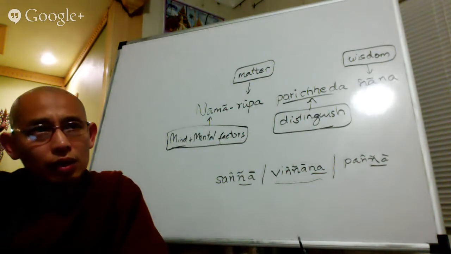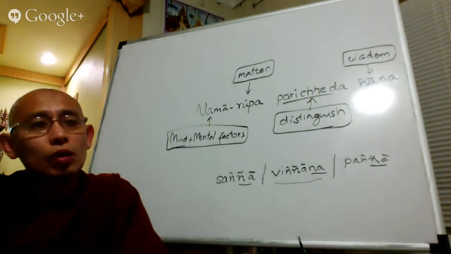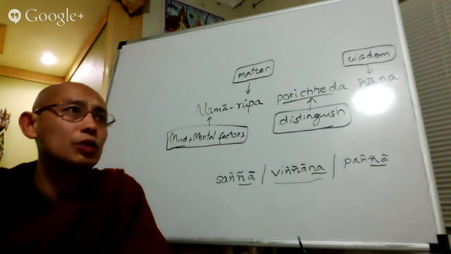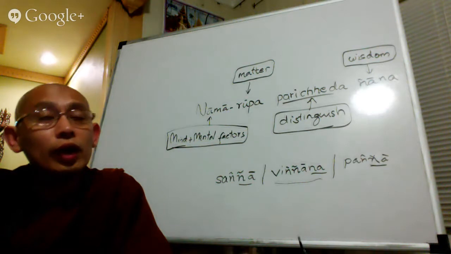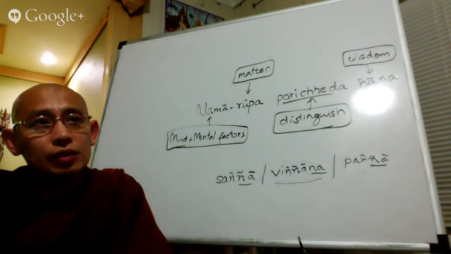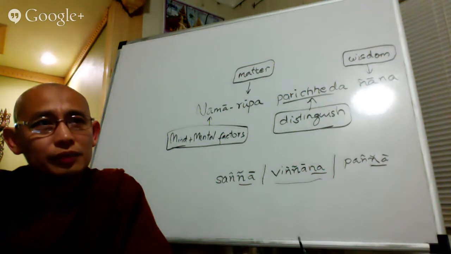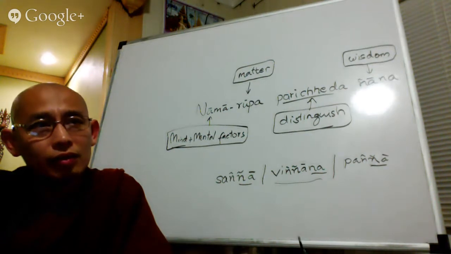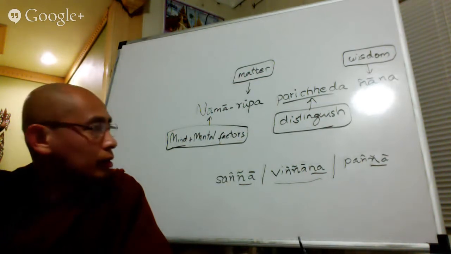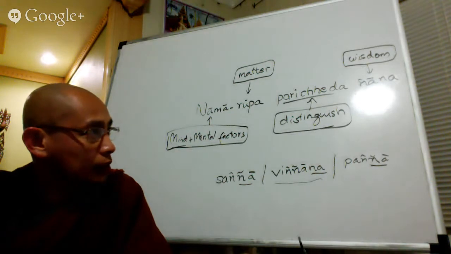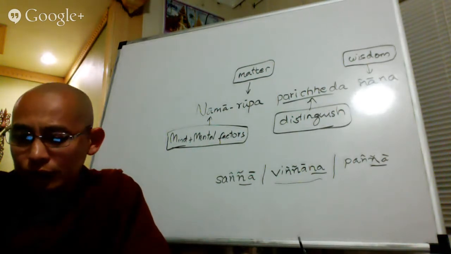Sense sphere consciousness only 12, and form sphere consciousness 15, so 27, and then formless sphere consciousness 15 and 27. And then 8 supramundane consciousness. So altogether 47, I think.